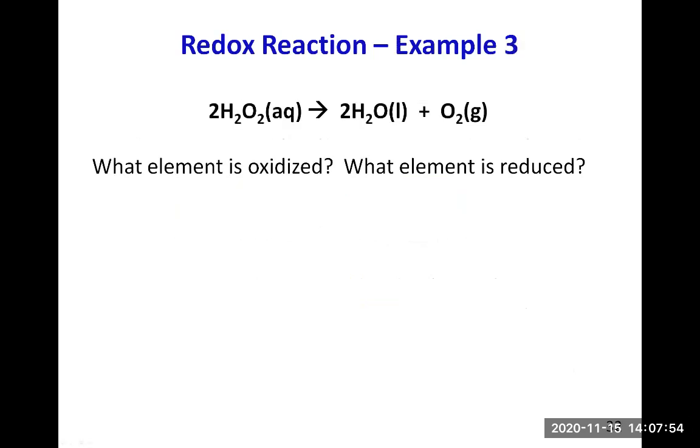But here we have hydrogen peroxide decomposing into water and oxygen. So what element is oxidized, what element is reduced? Here, to find the charge, again, oxygen as O2 gas is in its elemental state. So that's going to be a state of 0. Water is a covalent compound.